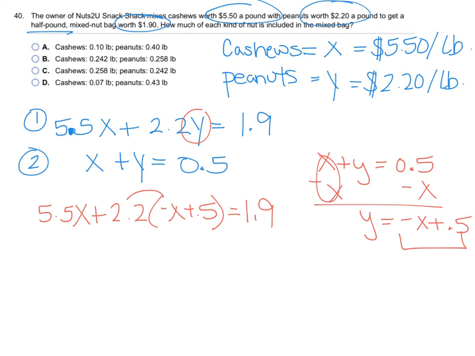Now I'll distribute the 2.2 to each term in parentheses. I have 5.5x minus a 2.2x because I multiplied by a negative x here, so that gives me a minus sign in front of the 2.2. And then 2.2 times a 0.5 gives me a 1.1.